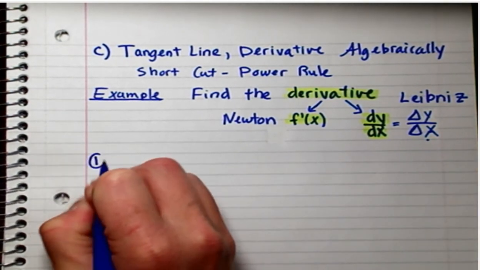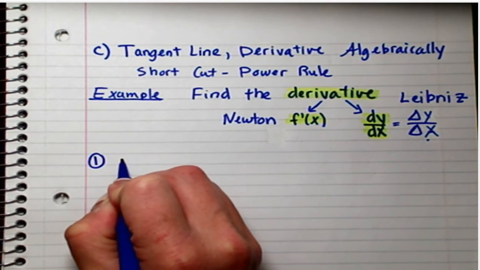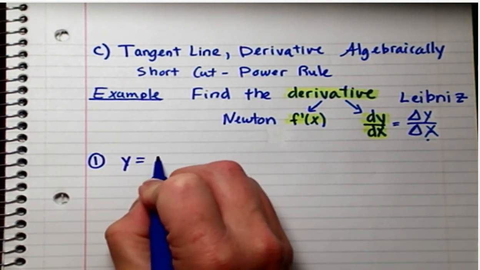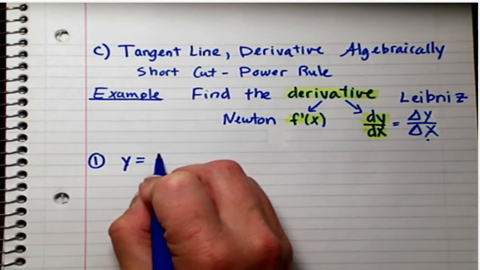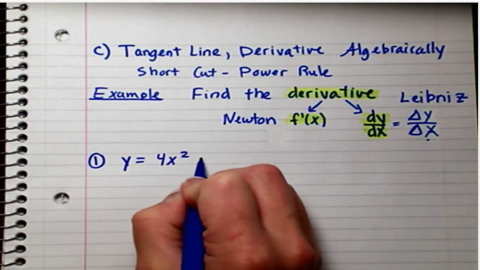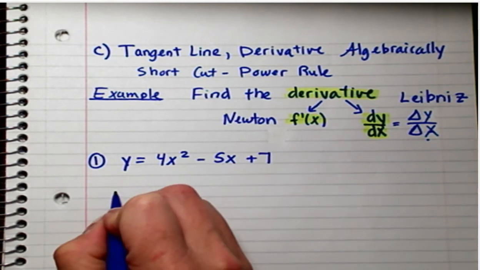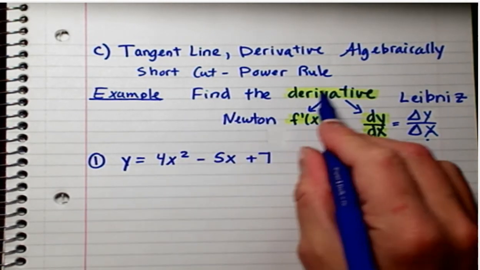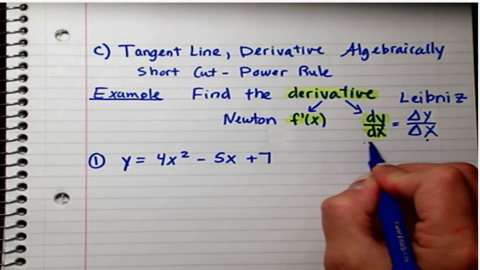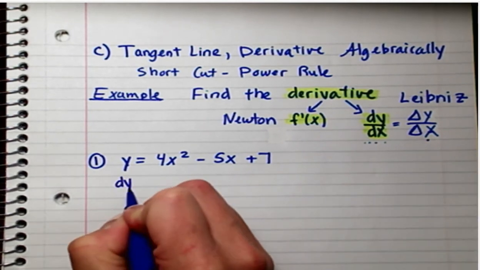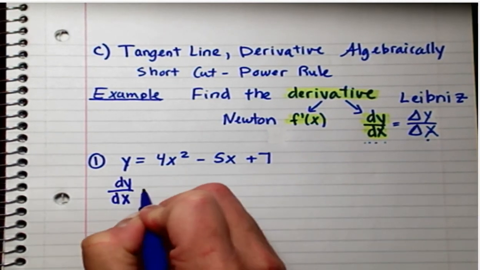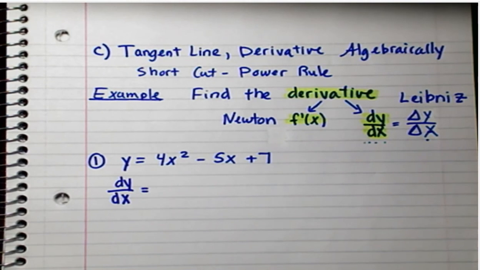Find the derivative. y equals 4x squared minus 5x plus 7. Find the derivative. So dy dx. Usually if I see y equals, I use Leibniz notation. If I see f of x, I use Newton notation.